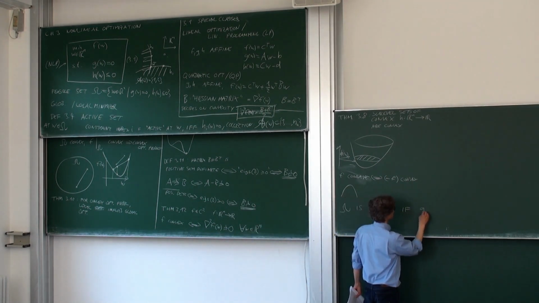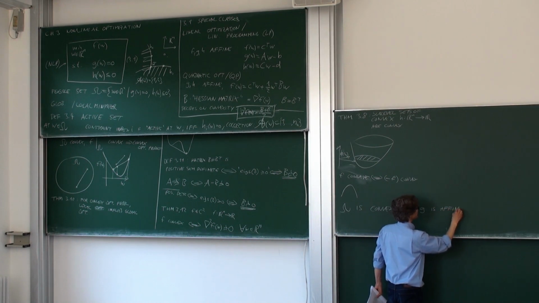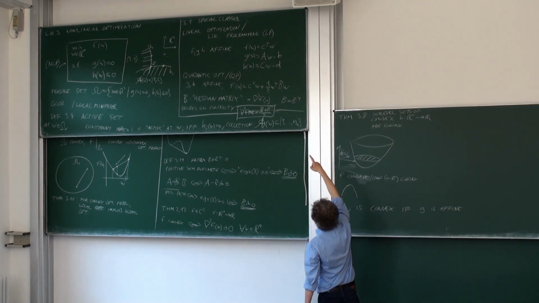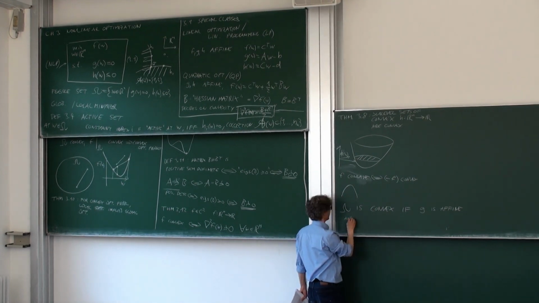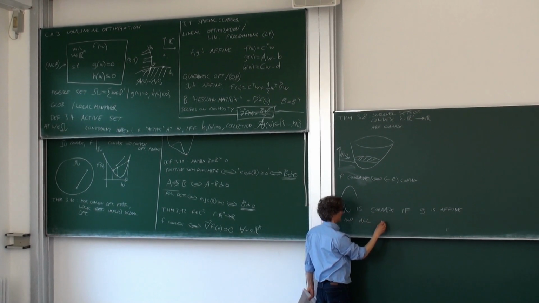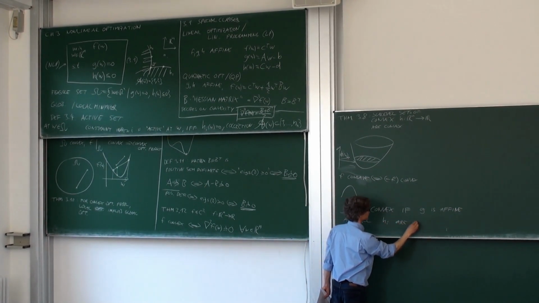If G is affine, so it has this form that we stated above for the LP, and all H_i are convex.